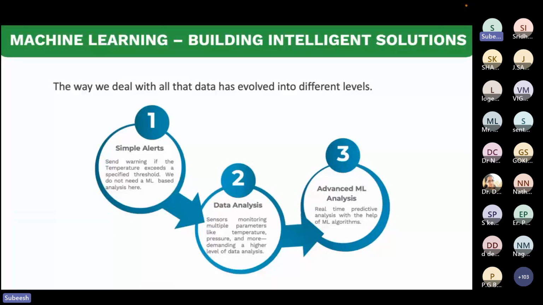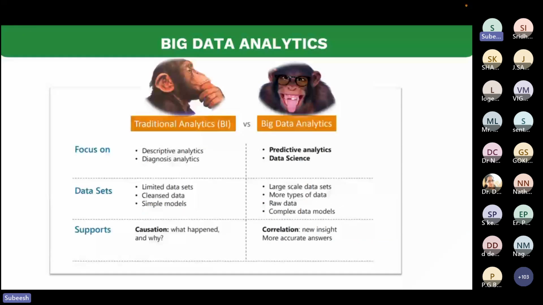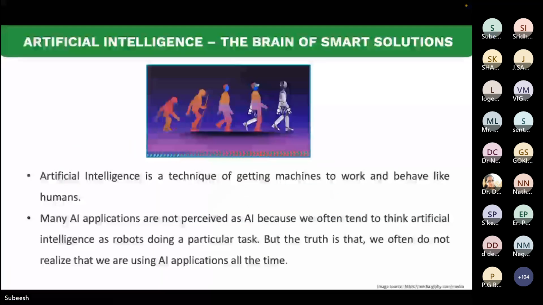Then you can go for advanced ML analysis. Again, traditional analytics versus big data analytics. Traditional analytics was mostly descriptive and diagnostic analytics, and we have predictive analysis in big data analytics, and it talks about large data sets, complex data models, and it derives more meaningful insights.